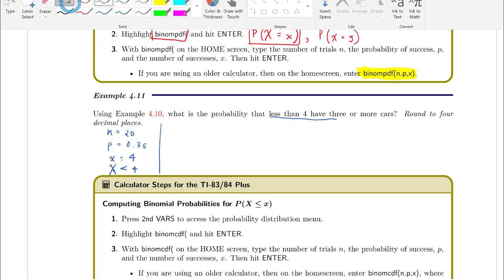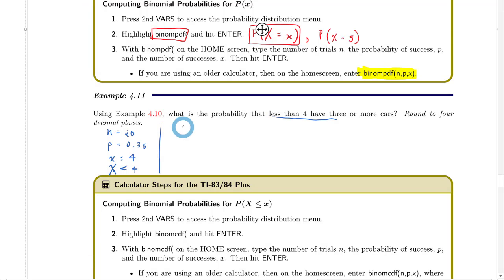So let me put this in perspective. What we're trying to find is the probability that the event of success, a household having 3 or more cars, is strictly less than 4.